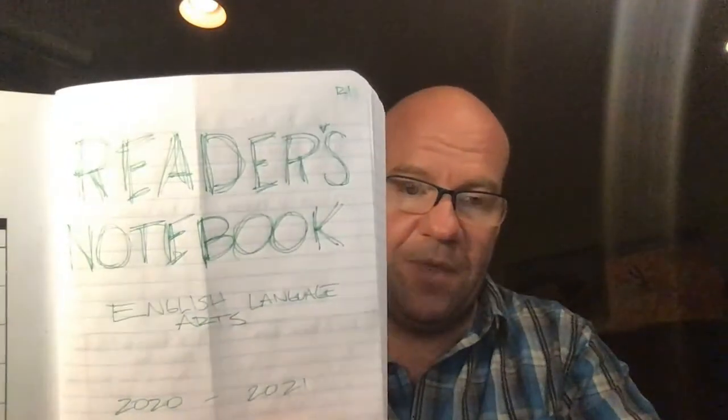So here I am. I want to show you my notebook. Okay? So I want to show you that I've put information on the front. I'm showing you that I have set up the inside like I'm supposed to. I've labeled R1 all the way through R25. Let's see, right there.